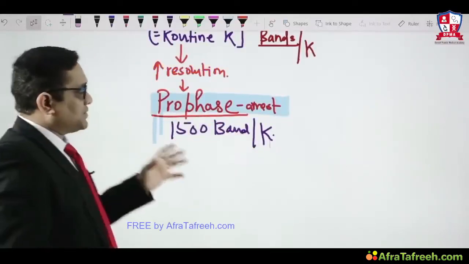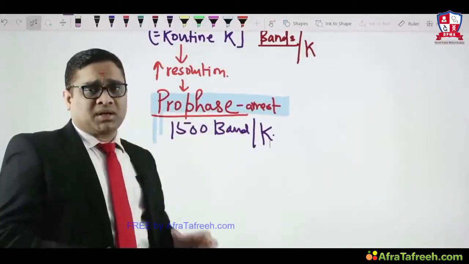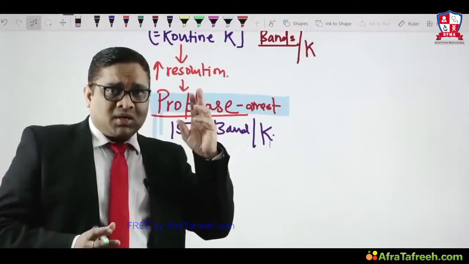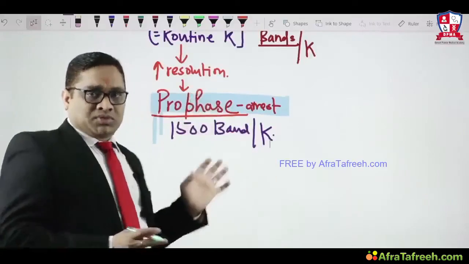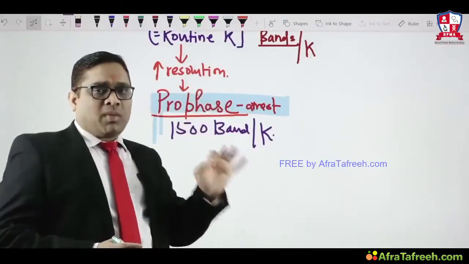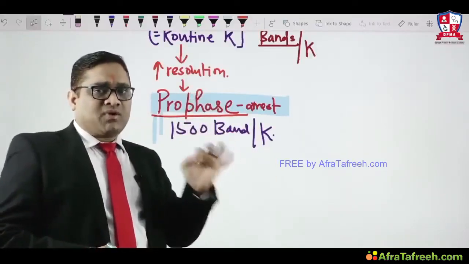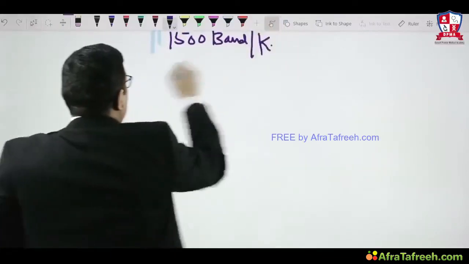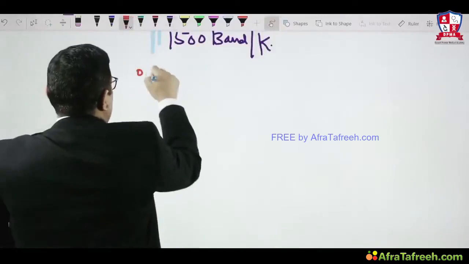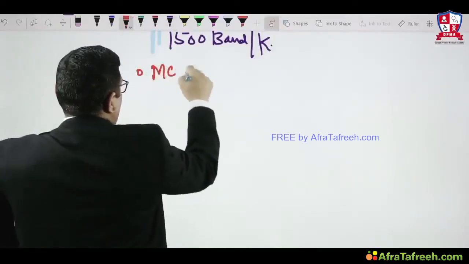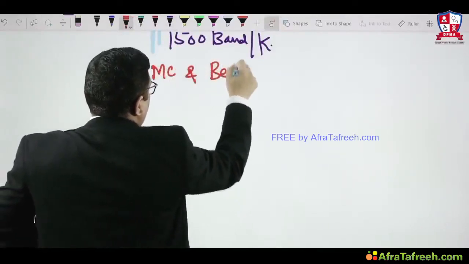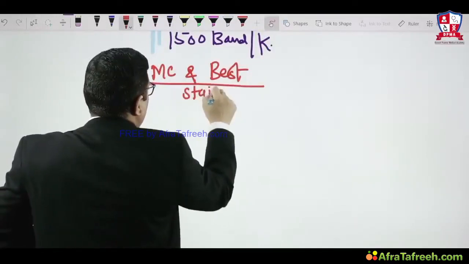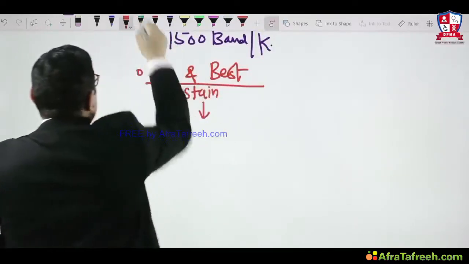After cells are arrested, we use one special stain to identify the regions of the chromosomes. Which is the most common and best stain for karyotyping? The answer is Giemsa stain.